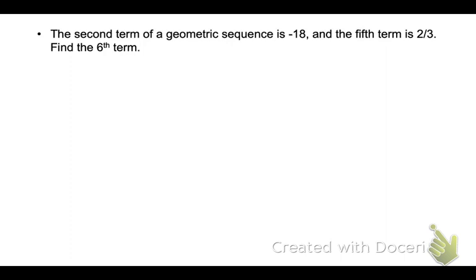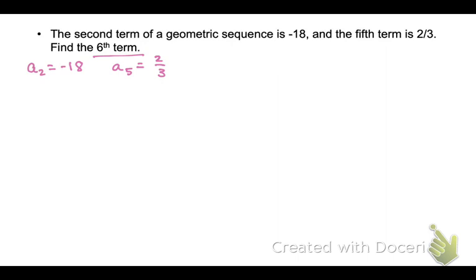Okay. So a sub 2 is what? Negative 18. And then a sub 5 is 2/3. Is r going to be a fraction? Yep. It's going to be a negative fraction probably, right? Maybe not.